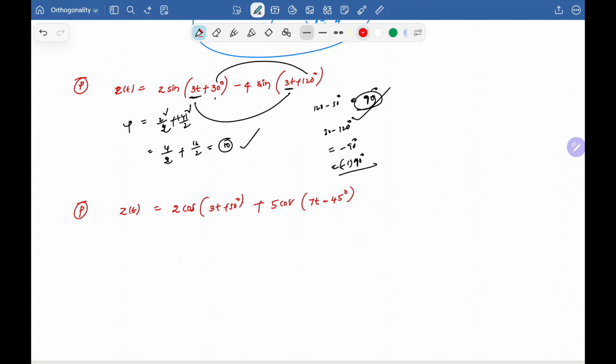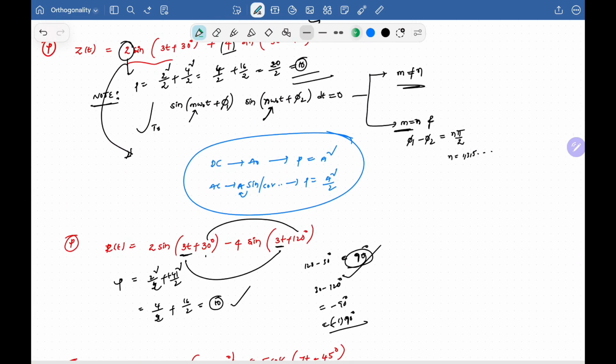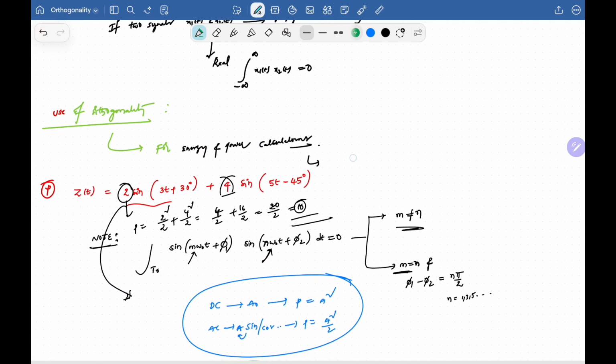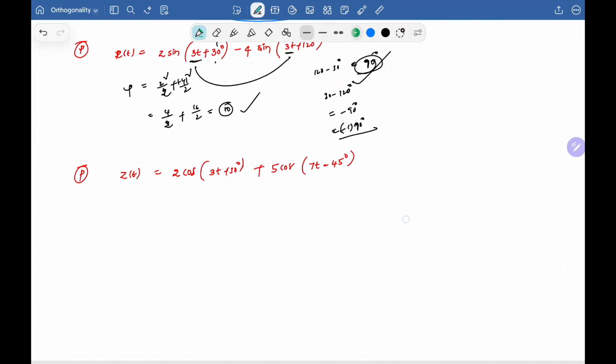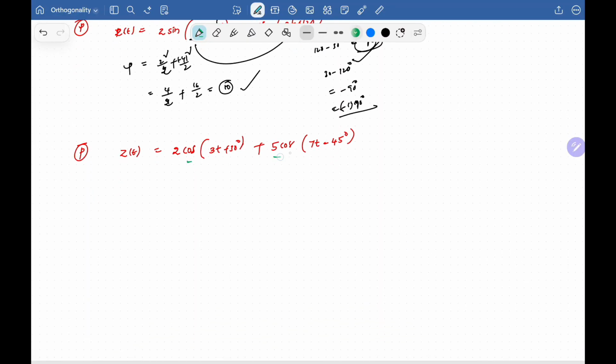For the sine function I have told you the conditions. Now this is the condition I told you. For the cos function, what could be the condition? These two are cos. Different frequencies they have given. Here you can directly solve.